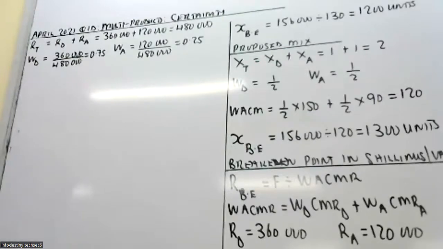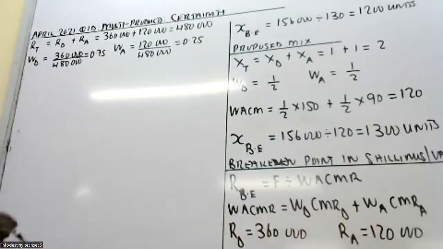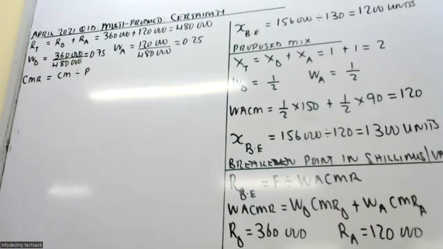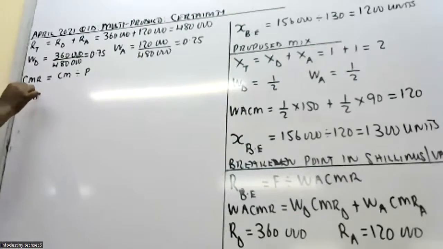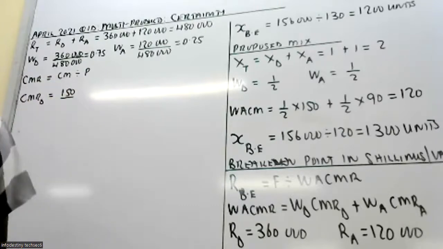What else do we require? Tuko hapa weights tushapata. Now we need contribution margin ratios. Contribution margin ratio is contribution margin divided by the price. Therefore, contribution margin ratio for D is, contribution margin for D is 150, and the selling price for D is 300.